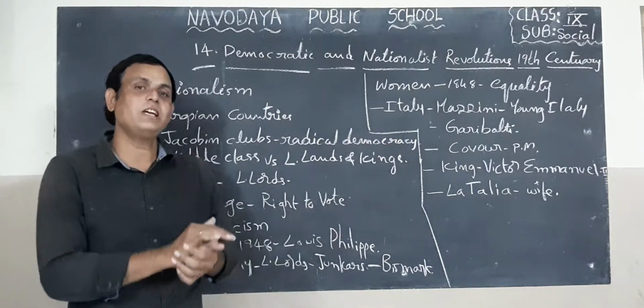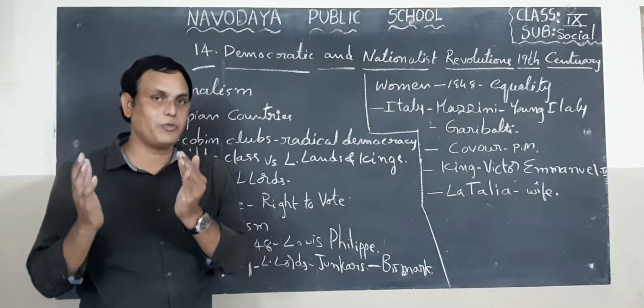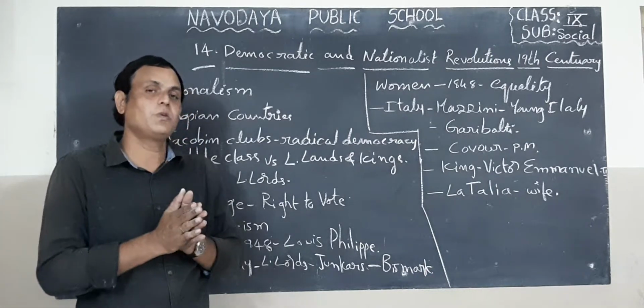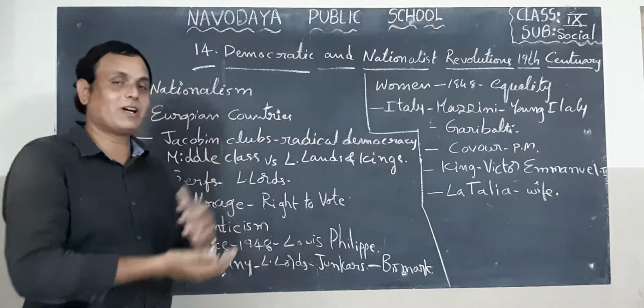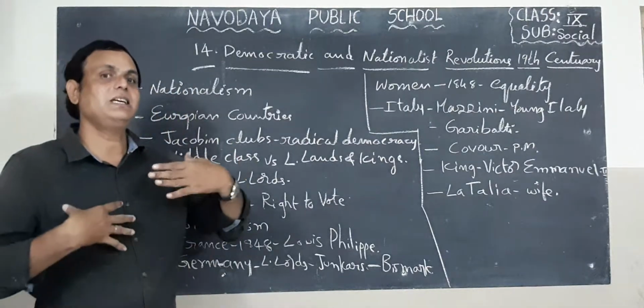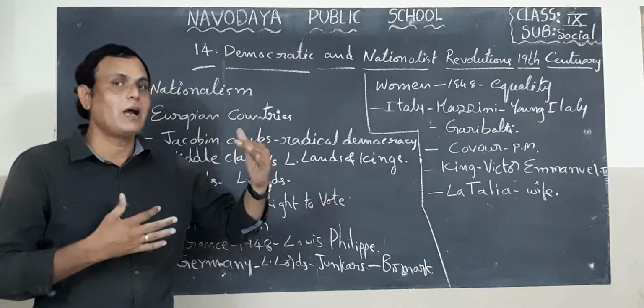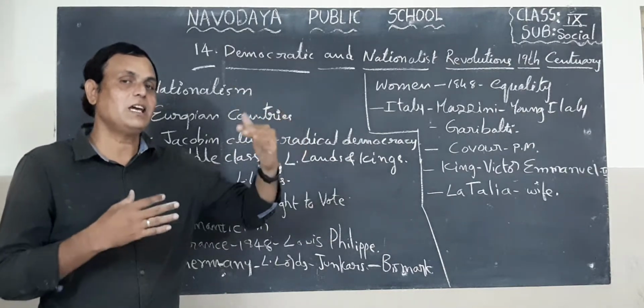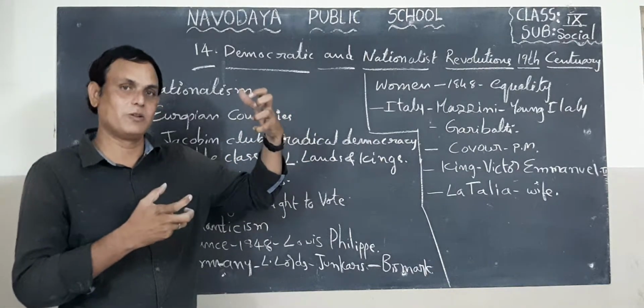But before Napoleon, the common people, 90% of the people in France, were hoping and thinking about democracy. That means they needed equality in society. The clergy and the nobles, kings and the king's family, were enjoying privileges by birth.